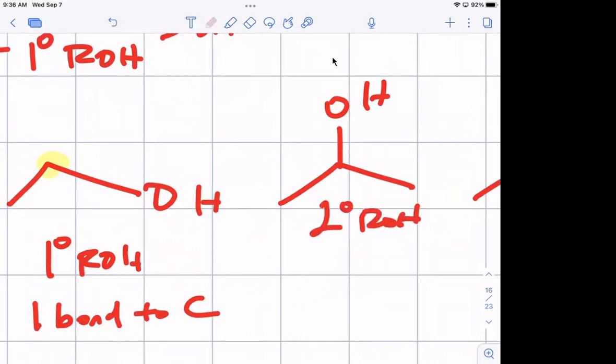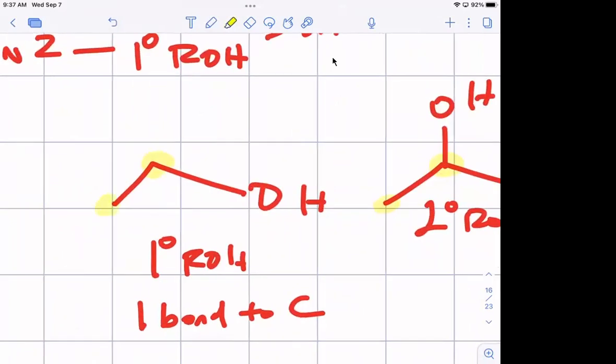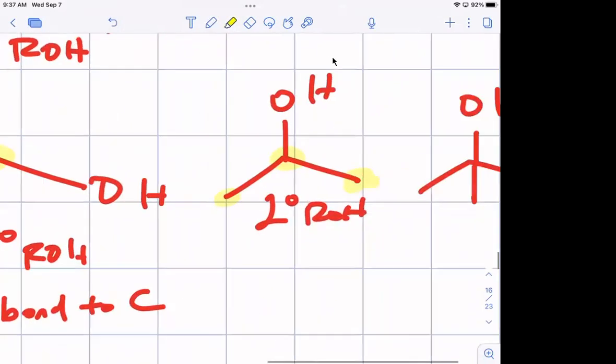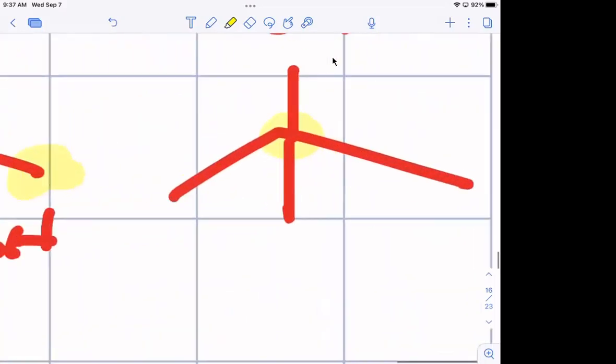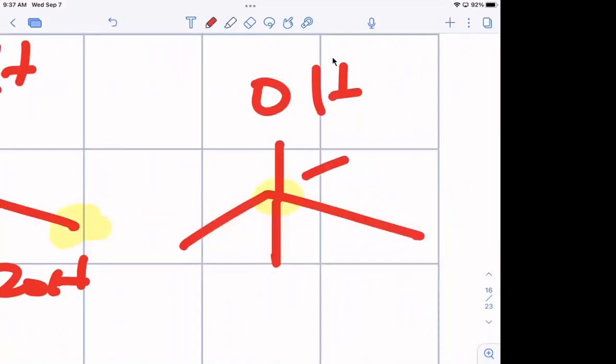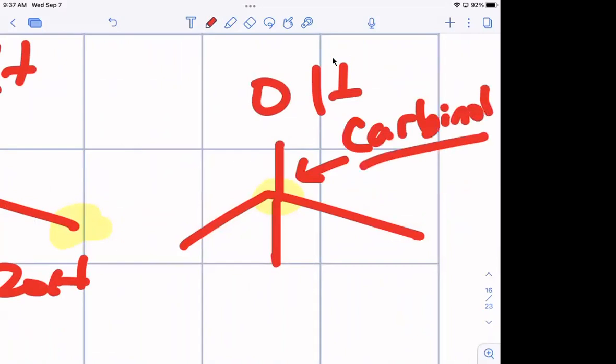The carbon where the alcohol is attached is bonded to two carbons. For tertiary, the carbon where the alcohol is attached has three carbons attached to it.